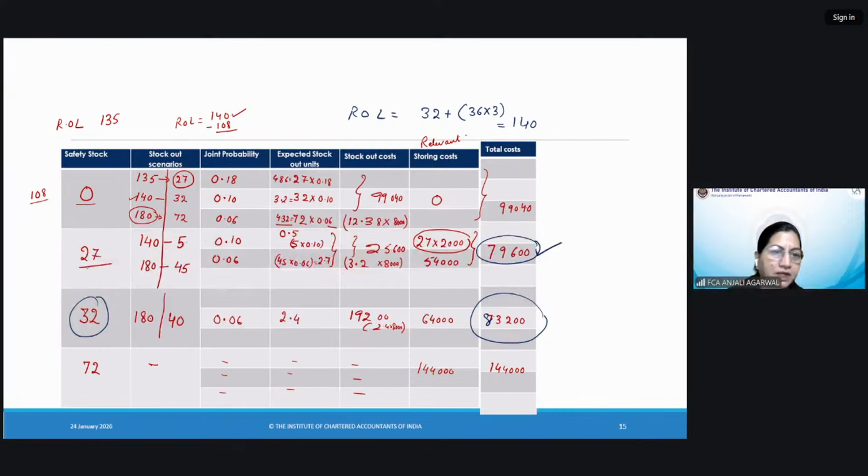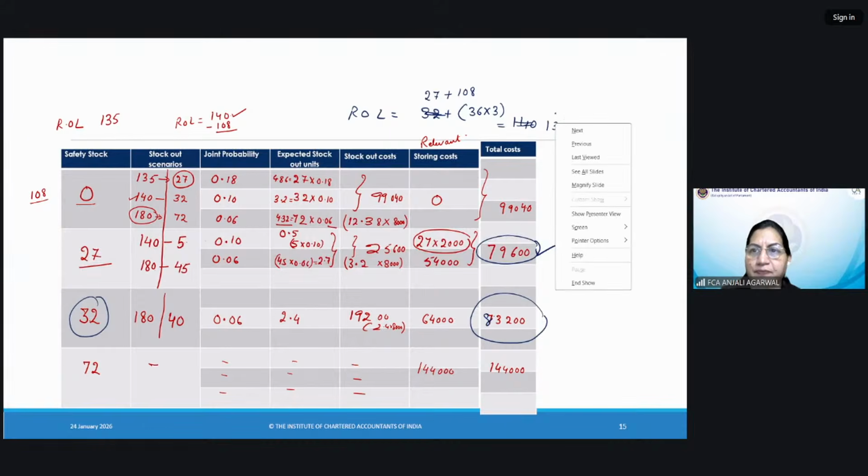So we should prepare ourselves for 135 only and let the scenarios of 140 and 180 happen. So our safety stock would be 27 units, not 32. 27 plus 108, and our reorder level is 135 units.